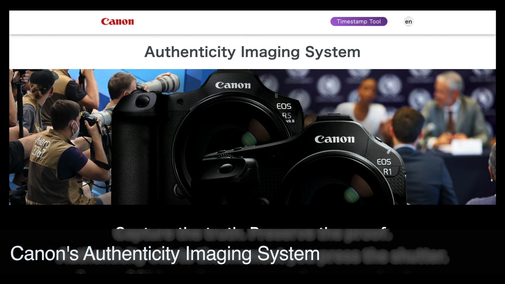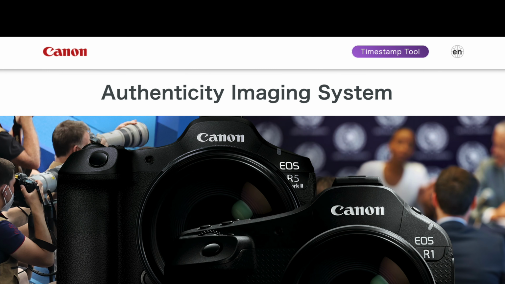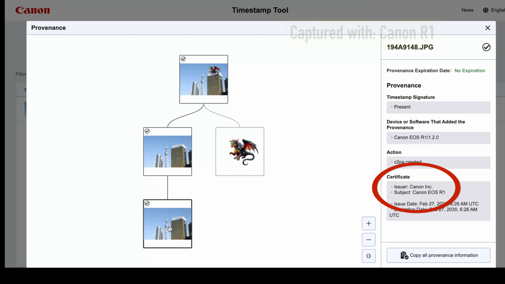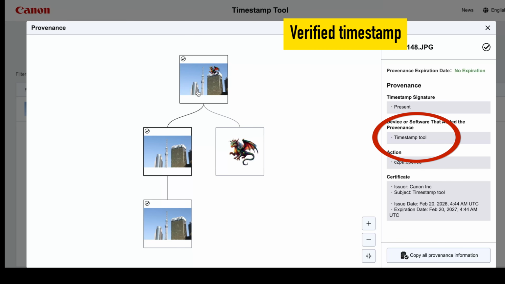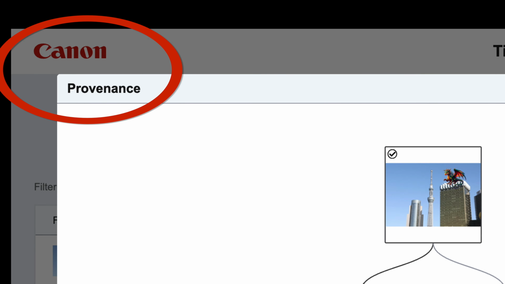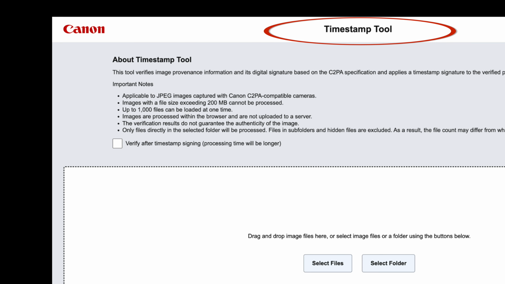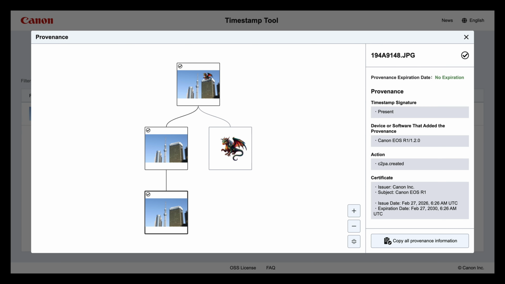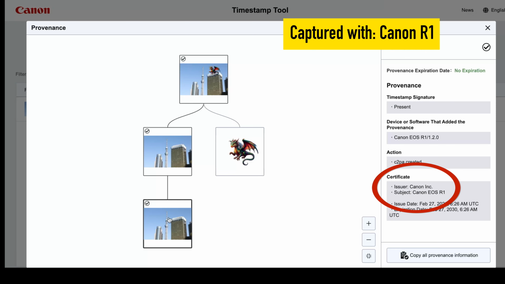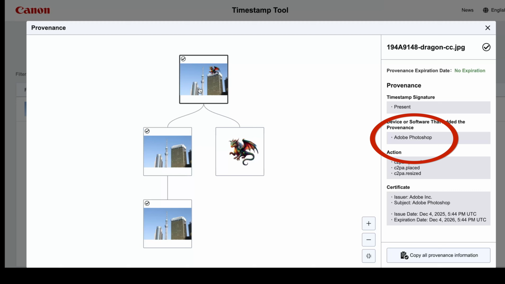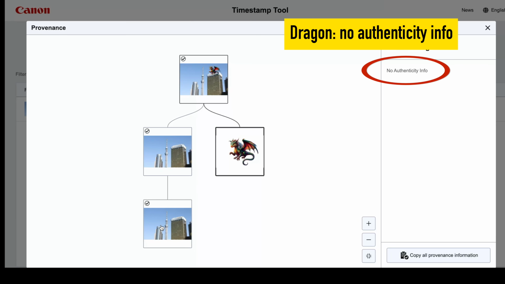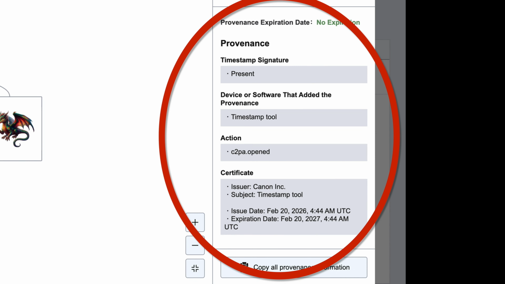Why am I speaking about Canon at this stage? Because it recently introduced something it calls the authenticity imaging system. And again, here is the structure. Canon introduced a new tool called the timestamp tool. You'll see it in action in a couple of minutes, but the key principle is what you can see here. We have to prove that this photo was taken with Canon R1 and then we use something called a timestamp.